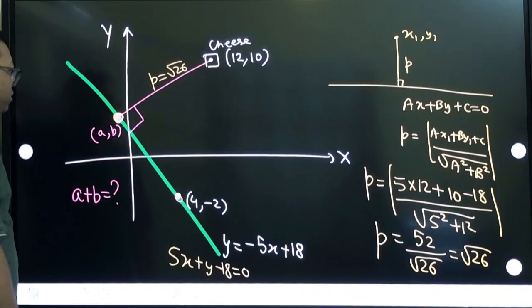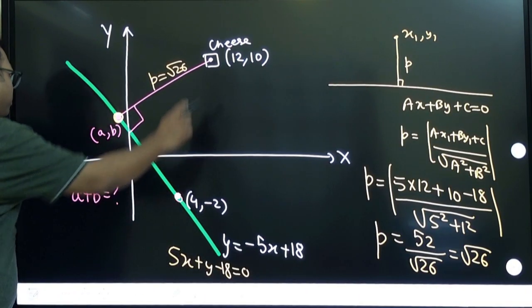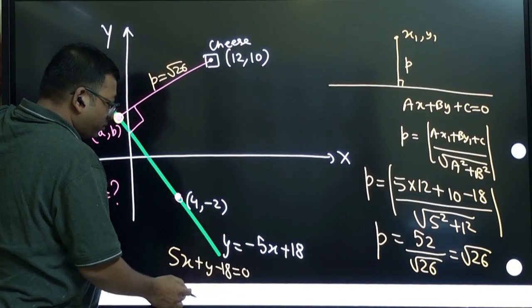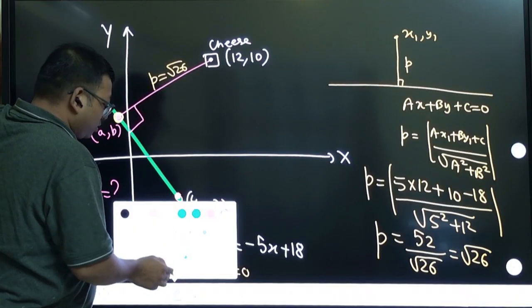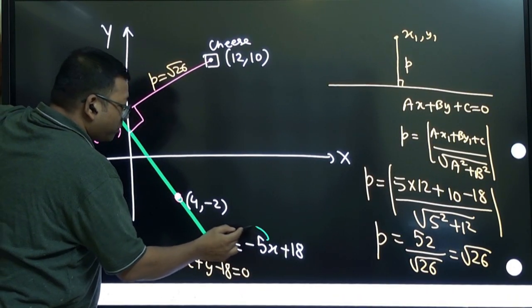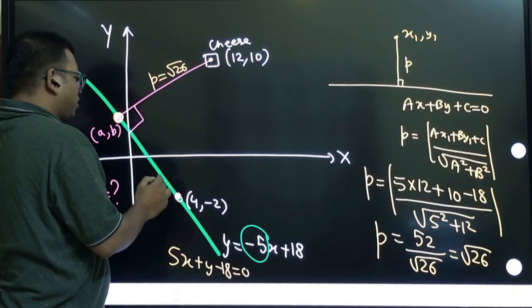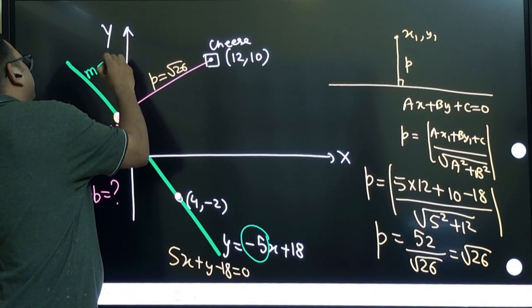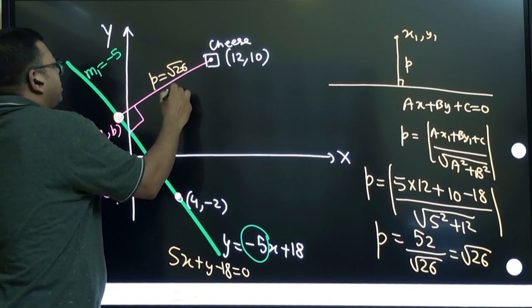So what is the slope of this line? We know y equal to mx plus c, so comparing, the slope of this line is minus 5. This green line, let us say its slope is m1, and m1 is minus 5. Let's say this other line has slope m2.